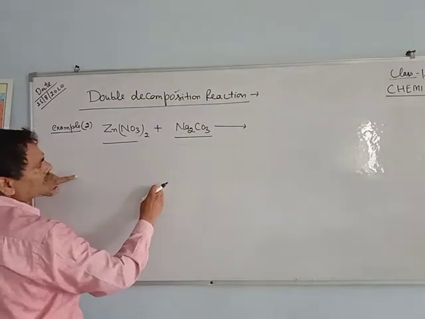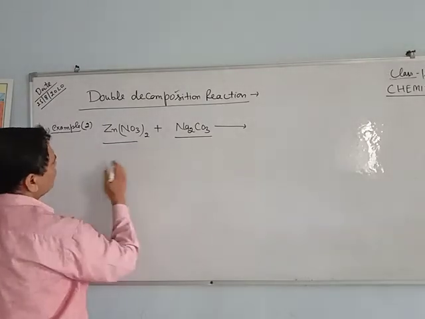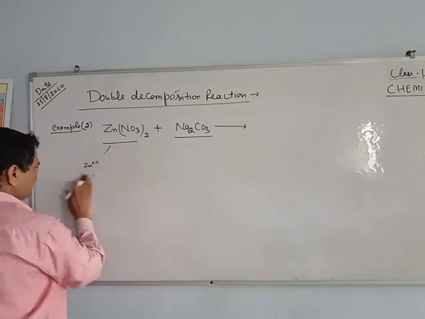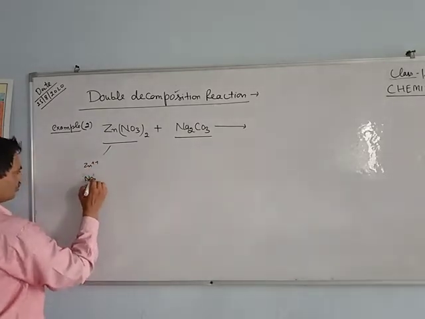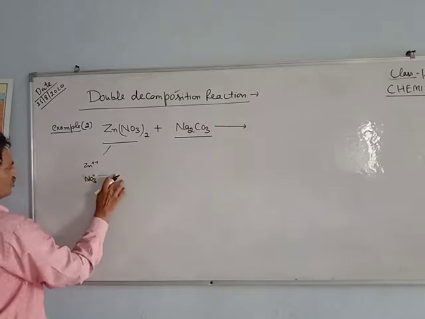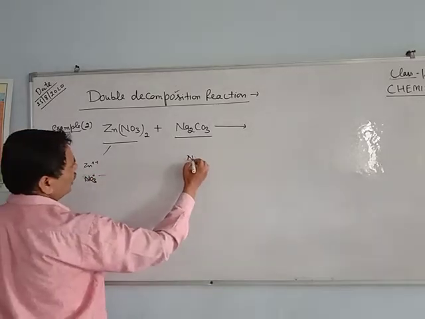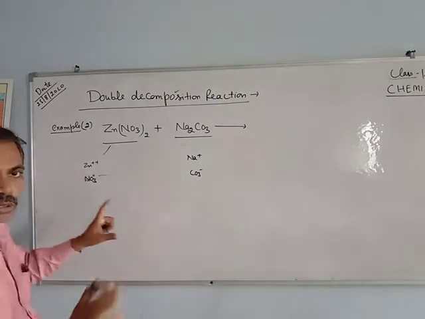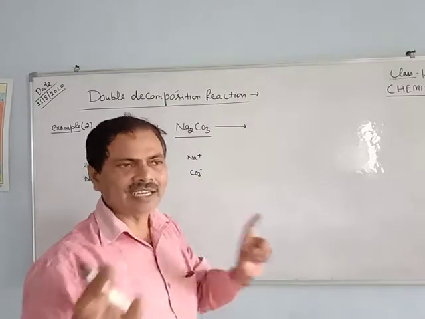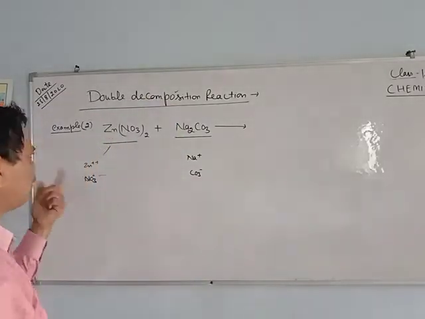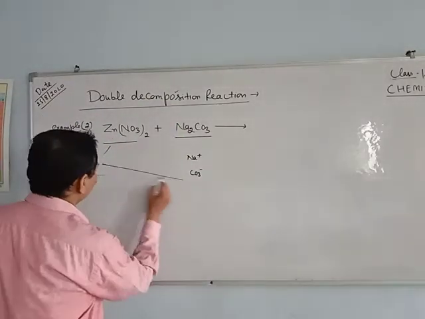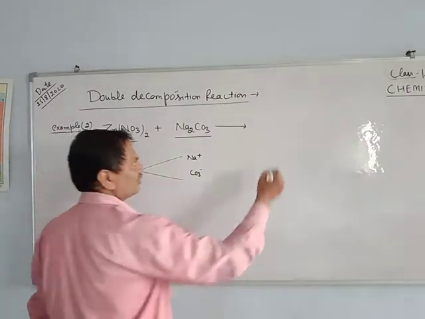They will be ionized. Zinc nitrate gives zinc ion and nitrate ion, and sodium carbonate gives sodium ion and carbonate ion. Both reactants are decomposed. Now they form two new compounds, zinc carbonate and sodium nitrate.